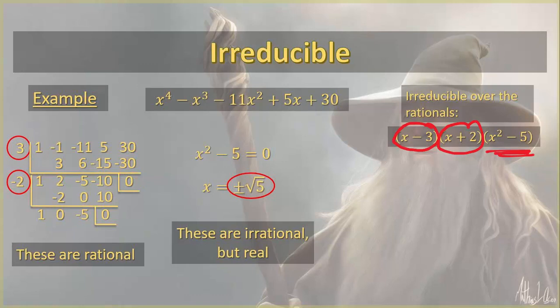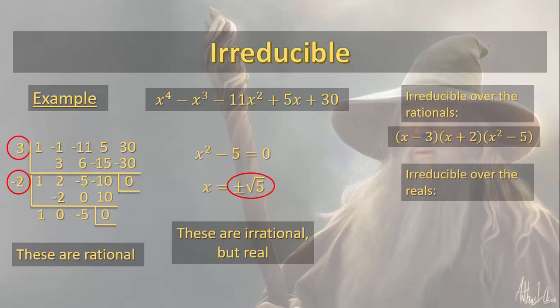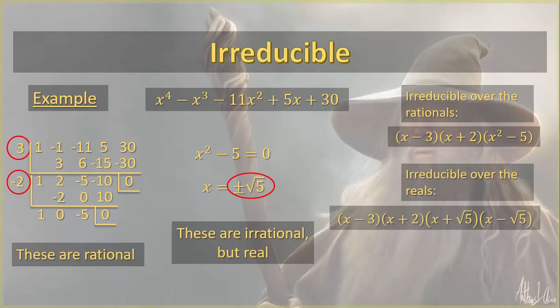If I am asked to make it irreducible over the reals, then I'm going to take this right here and I'm going to break it up into x plus square root of 5, x minus square root of 5.